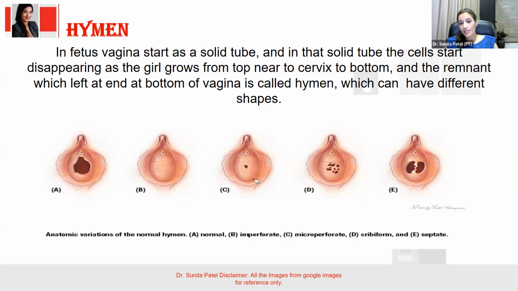Then there can be the microperforate hymen. A perforation is there and periods are going on, but for this kind of female, penetration will be very difficult. She can't insert a tampon, menstrual cup, or finger inside the vagina because the opening is very small. If she goes for sexual intercourse, penetration of the penis will be very, very hard for her, because the opening is so small.